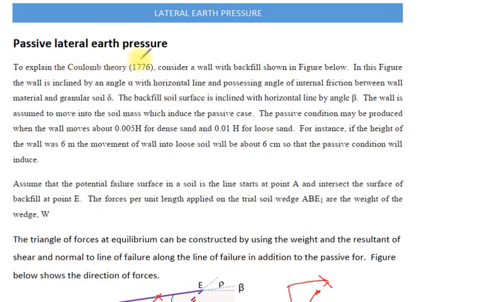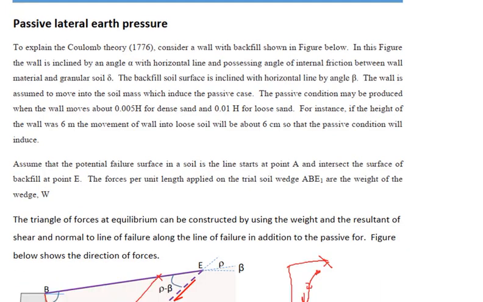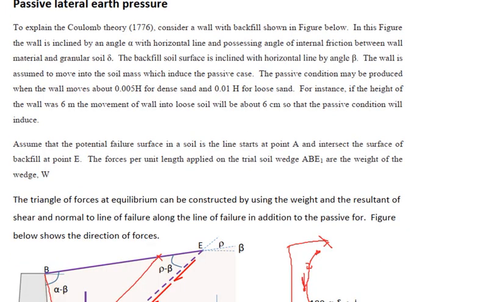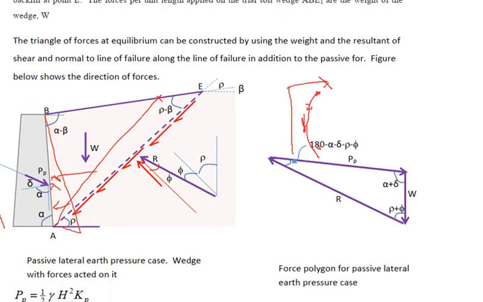Passive lateral earth pressure based on Coulomb theory. To understand and explain the Coulomb theory, consider the following figure: a retaining wall with a back face inclined by angle alpha with the horizontal line, and a backfill surface inclined with the horizontal line by beta.